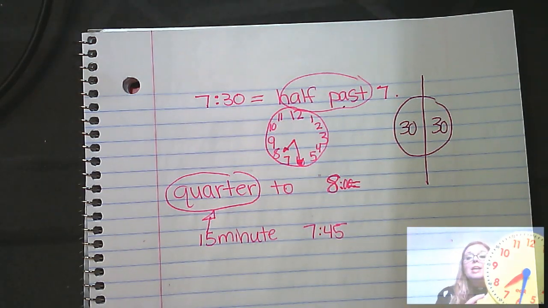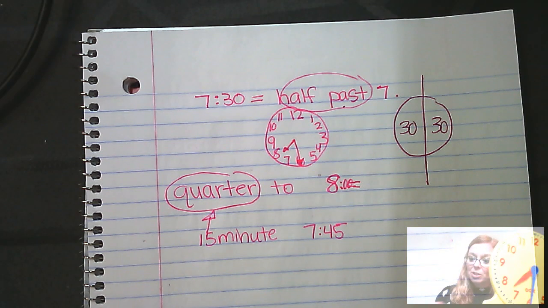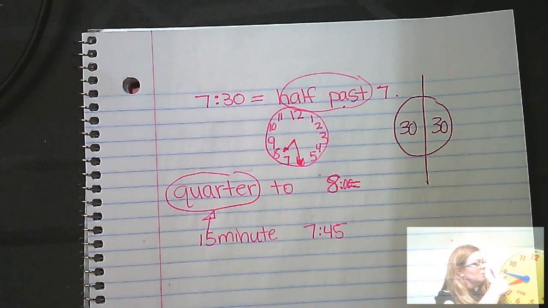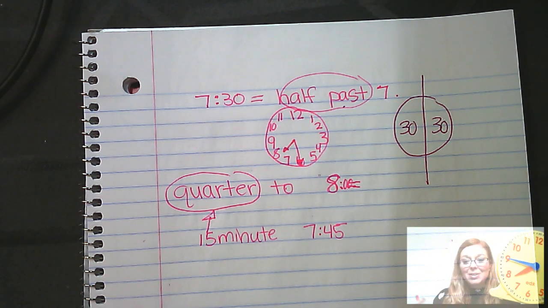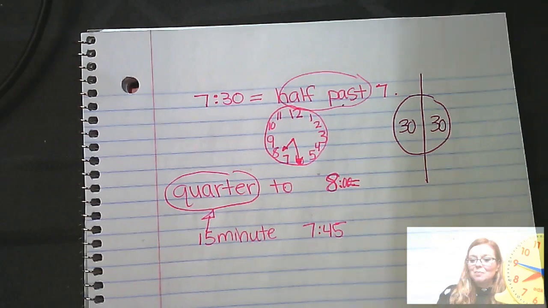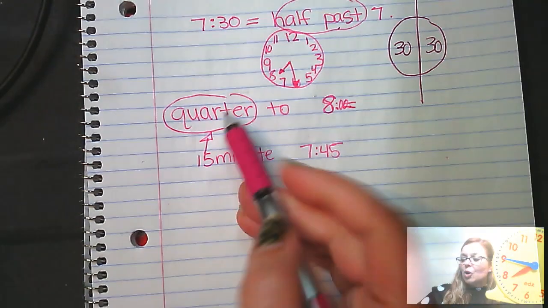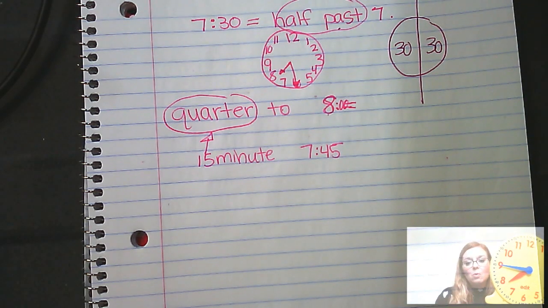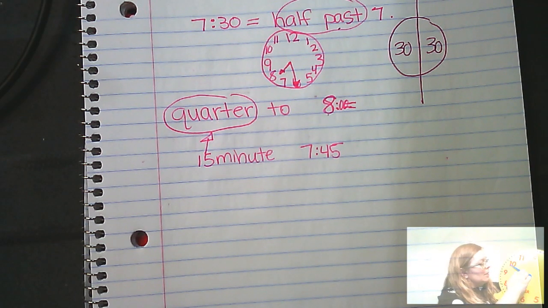So now, if she got to school on time and she left, because now school is going to start at 7:45. If you think about this now, okay? 7:45. What is the next hour after 7? The next hour, if we kept going, is 8 o'clock.